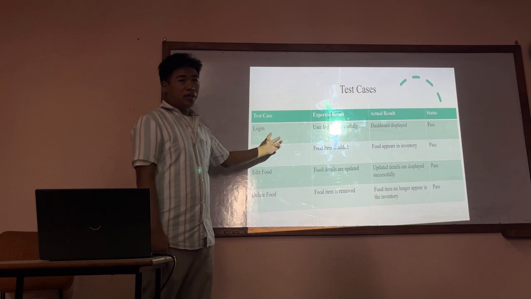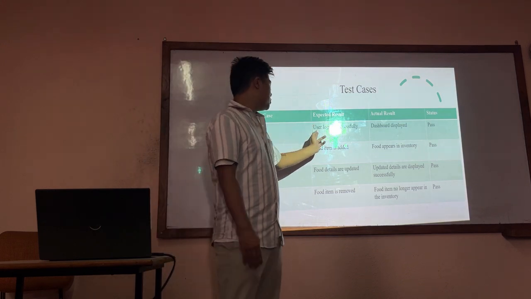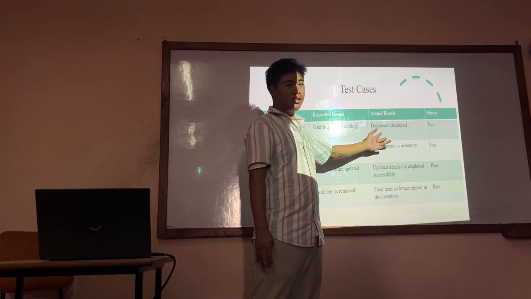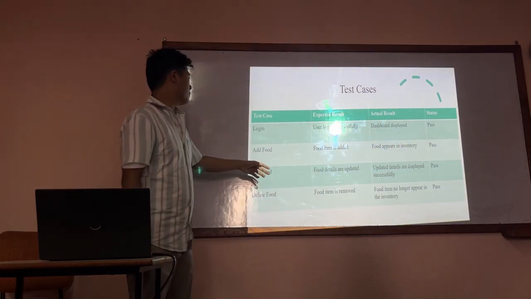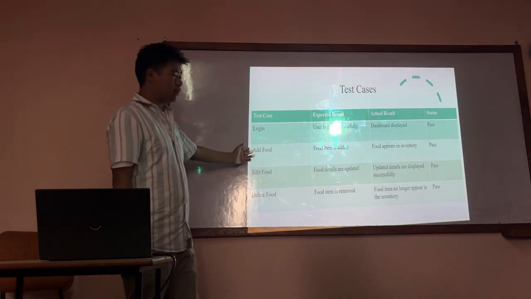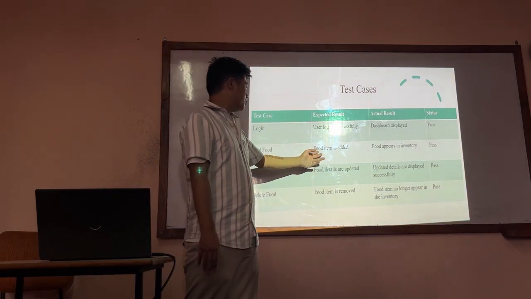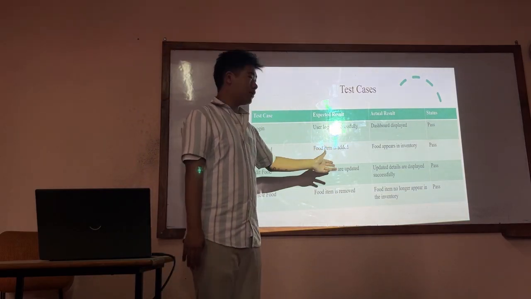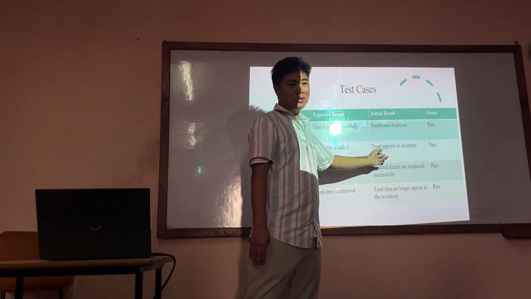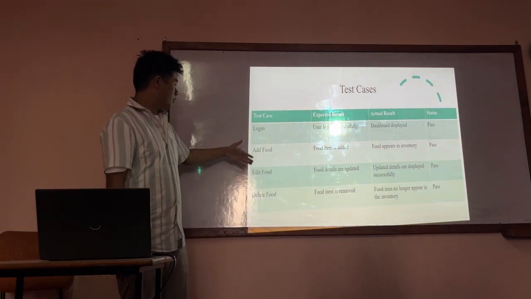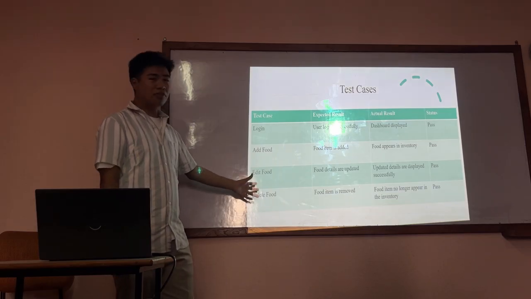For the login test case, the user expected to log in successfully, the actual result also displayed successfully, and the status is passed. For the second test case, adding food to the inventory, the expected result was that the food item is added, and the actual result is that food has been added successfully in the inventory, and the status is passed.